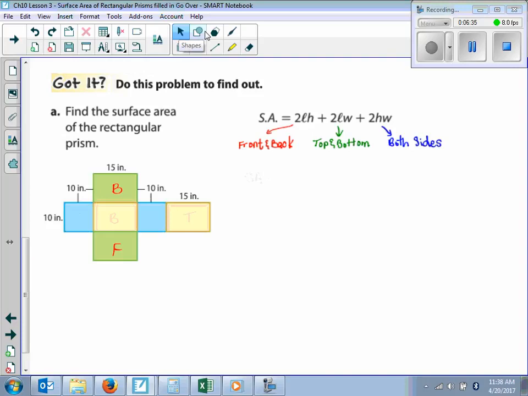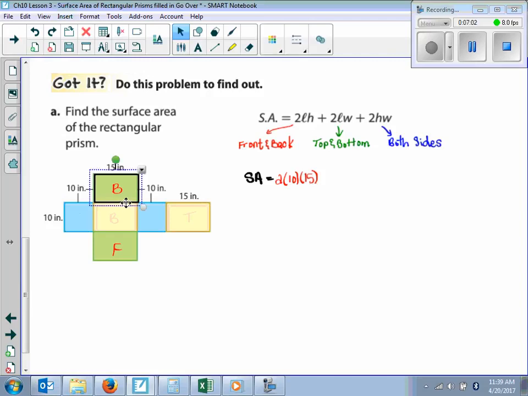So to find that area for the front and the back, we're going to do 2 times the length times the height. So that's going to be 2 times 10 times 15. Does everybody see where we're getting those numbers? Okay, so the surface area is equal to 2 times 10 times 15.